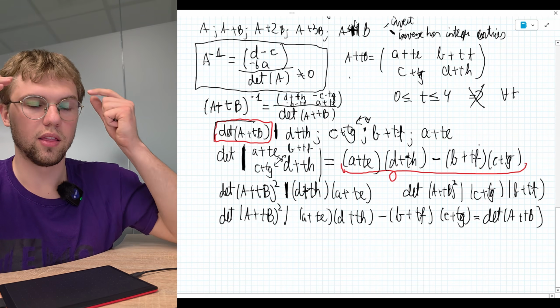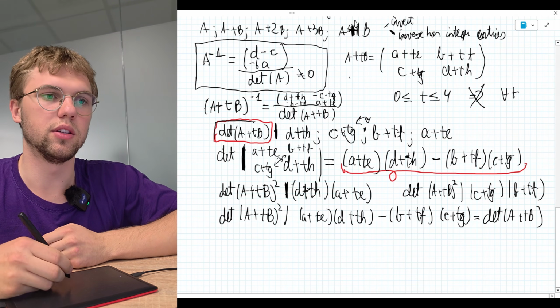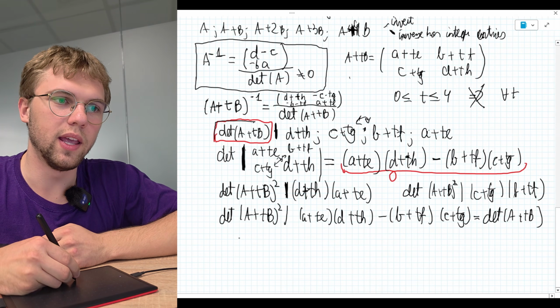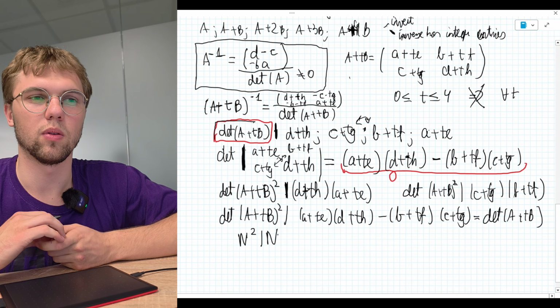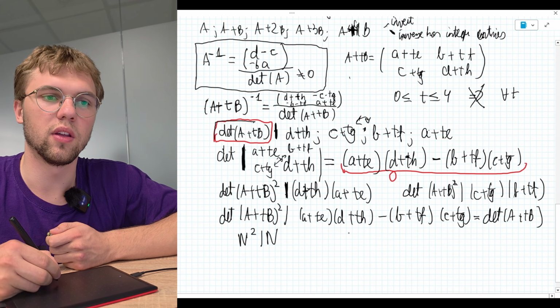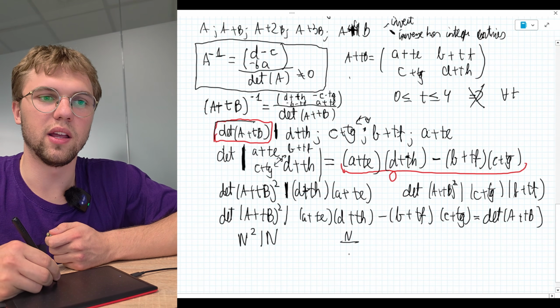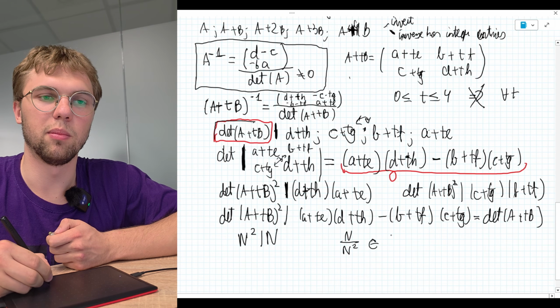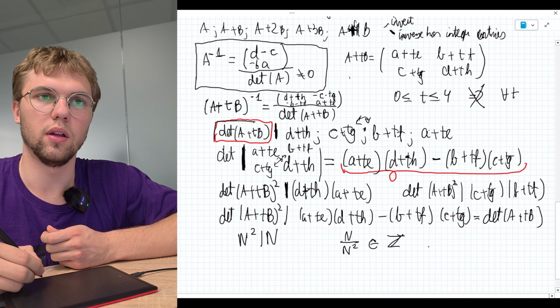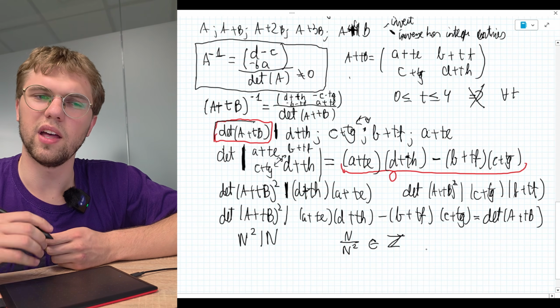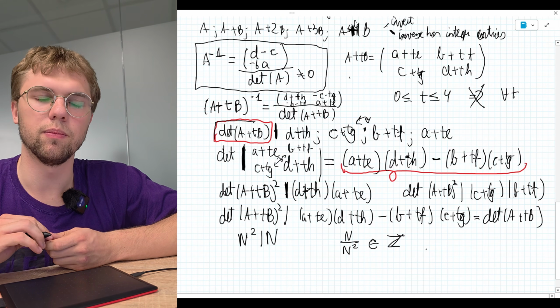So the number itself must be an integer. So what we get is that n squared divides n. Or in other words, n divided by n squared must be an integer. That seems very interesting, right?